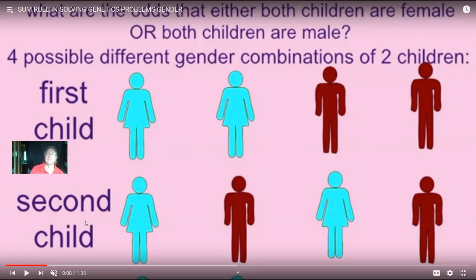So what are the odds that in a family that has 2 children, either both of the children are female or both of the children are male? So you're asking, here are couples that have 2 children each. What are the odds that they have the same gender? Either it's 2 daughters or it's 2 sons.